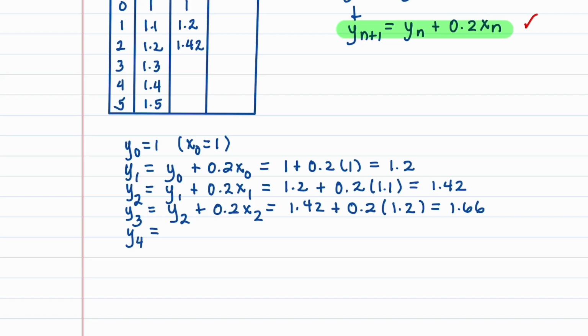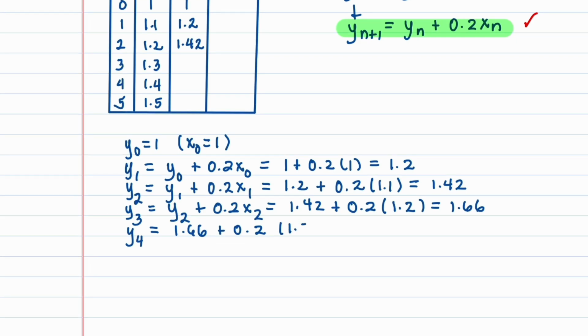I'm not going to write down the formula because I think we already know what the pattern's going to be. y3 is our previous solution, 1.66, and then we add on 0.2 times our next x value, which is 1.3, and we get an answer of 1.92. Let's do it once more. y5 is equal to 1.92 plus 0.2 times 1.4, and this gives us a value of 2.2.